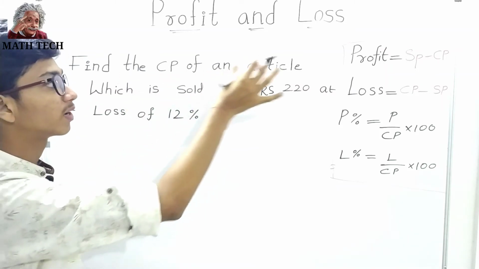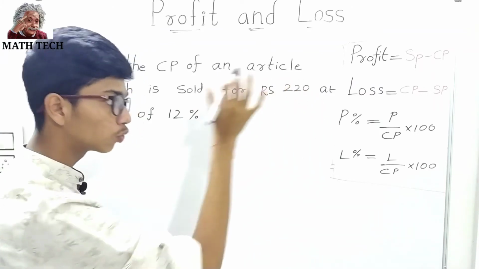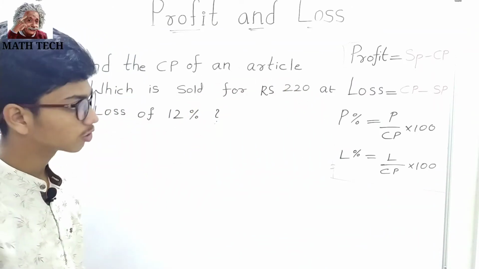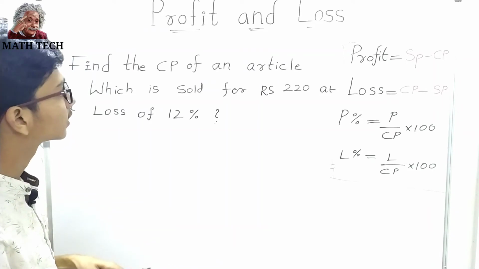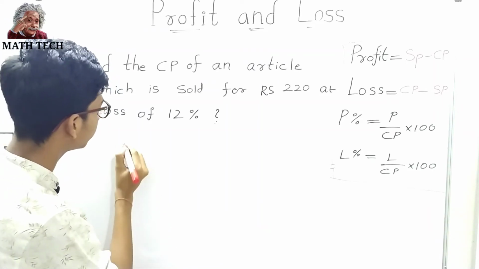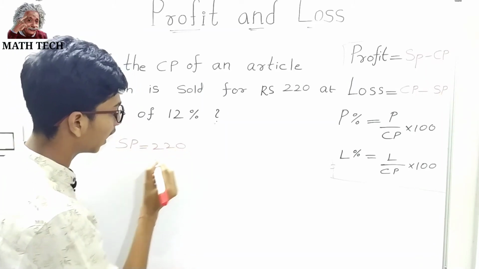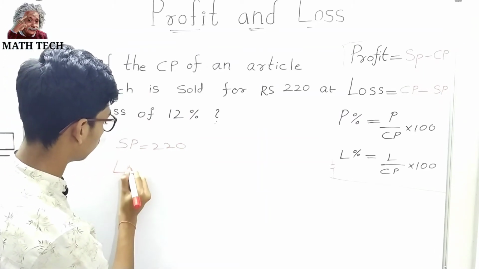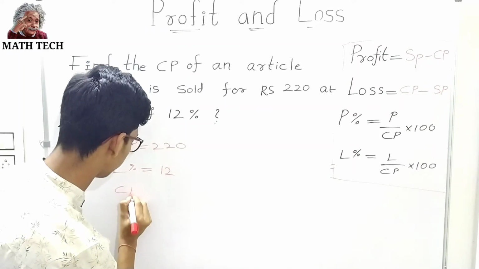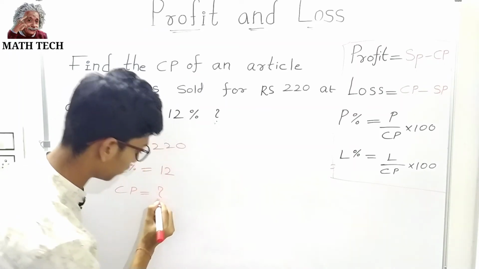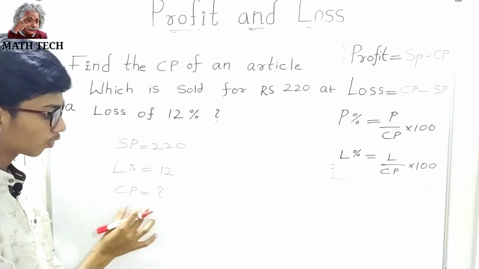SP is 220 and loss percentage is 12%. We want to find CP.